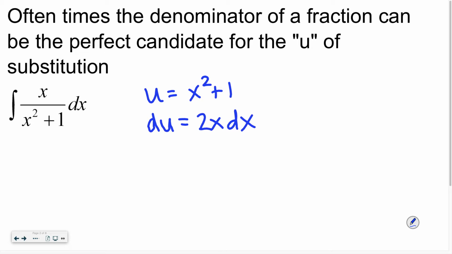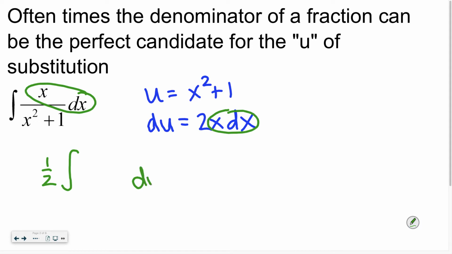So we don't have exactly 2x dx, but what do we have? We have x dx. So we can replace x dx with 1/2 du to balance it out.